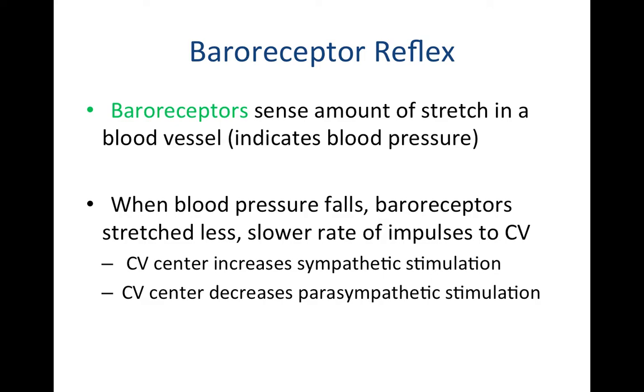Your cardiovascular center will increase sympathetic stimulation. In this case, if you have low blood pressure, you increase sympathetic stimulation to cause vasoconstriction and you bring it up. And your cardiovascular center will decrease parasympathetic stimulation to your heart. If blood pressure increases, the opposite occurs.